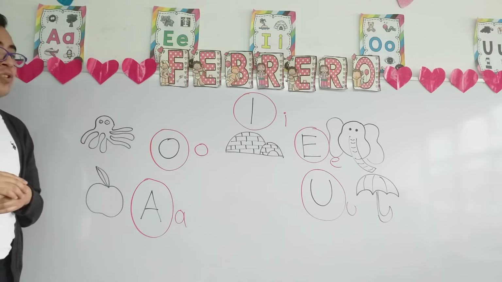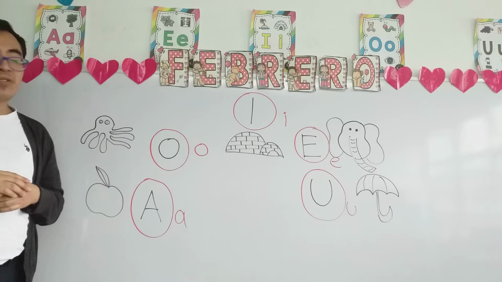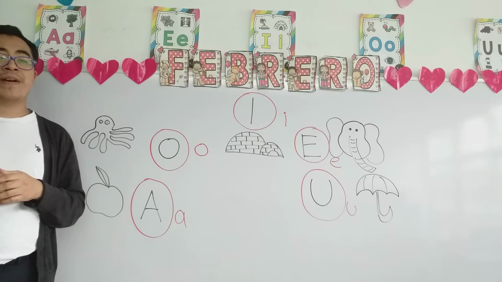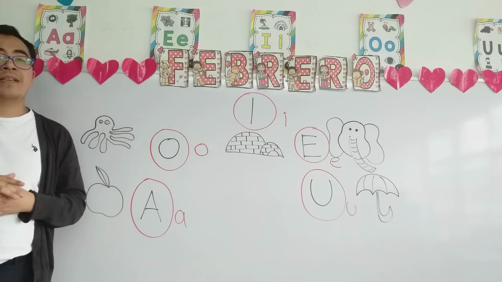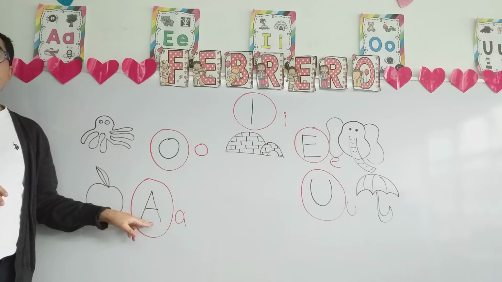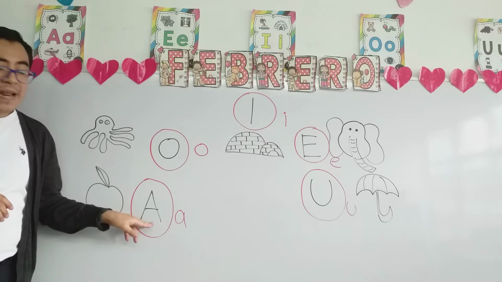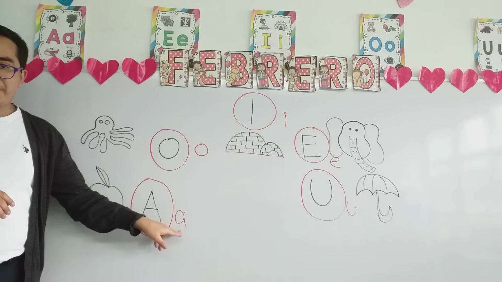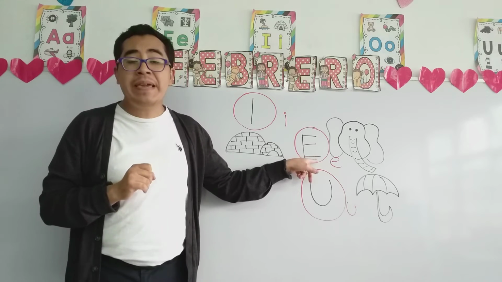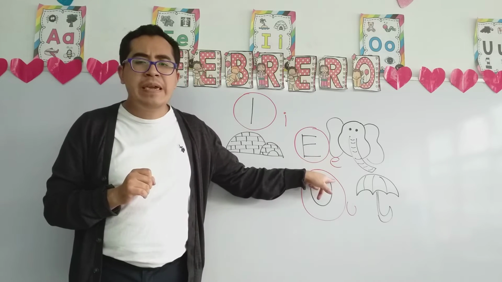Of all the letters of the vowels, we start with the letter A. Capital A, small a. After this letter, we continue with capital E, small e.